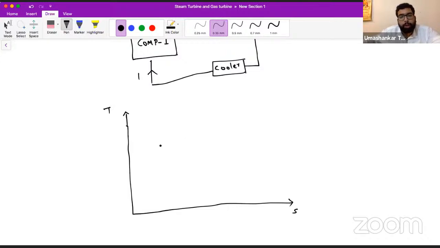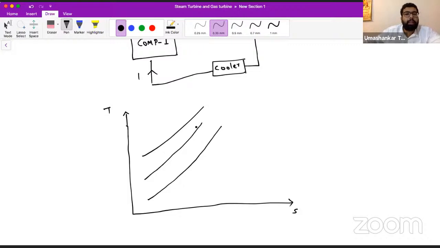In order to make the TS diagram, let's first draw the three pressure lines, because here the play is in between three pressure lines.